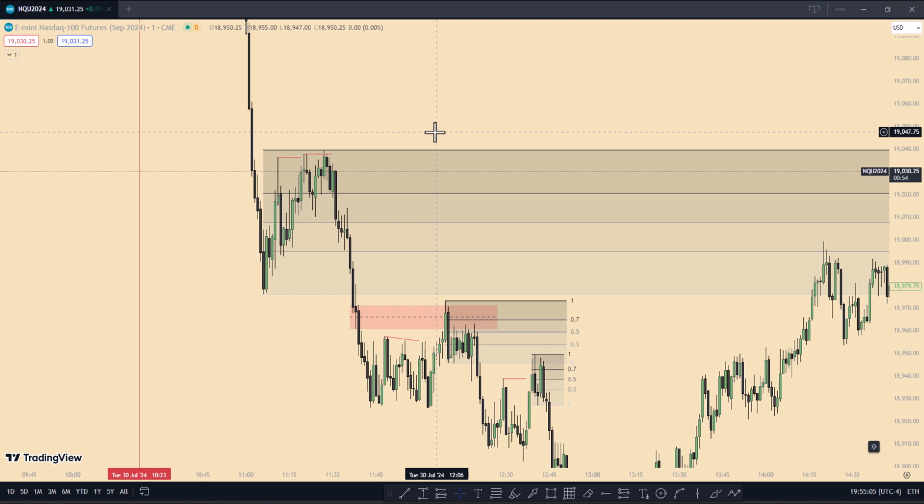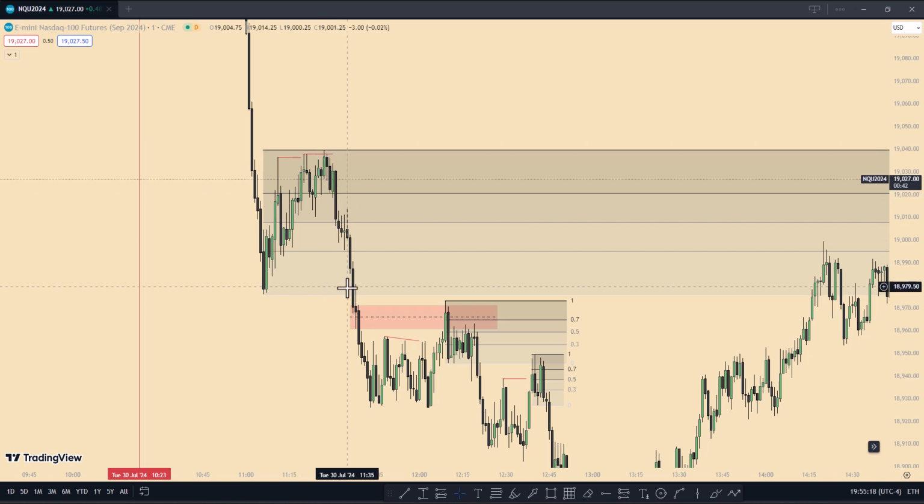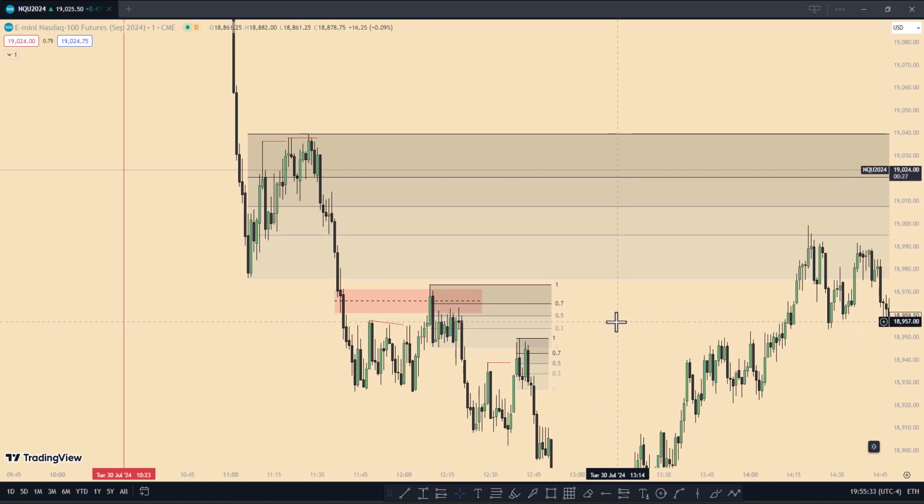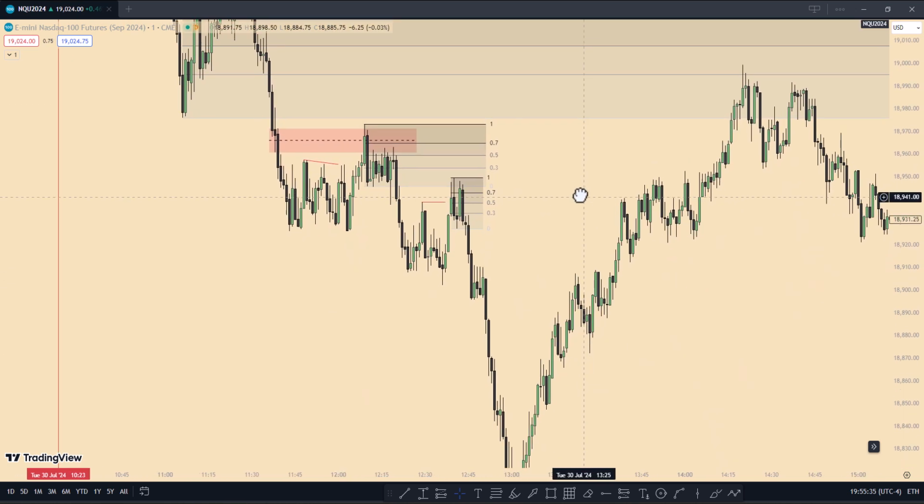So the more the confluences, the better the setup. This was not valid for me, but as you can see, we have some sweeps on the upside, and then before this expansion to the downside, we had the final sweep. So sweeps are a very important factor in these markets.